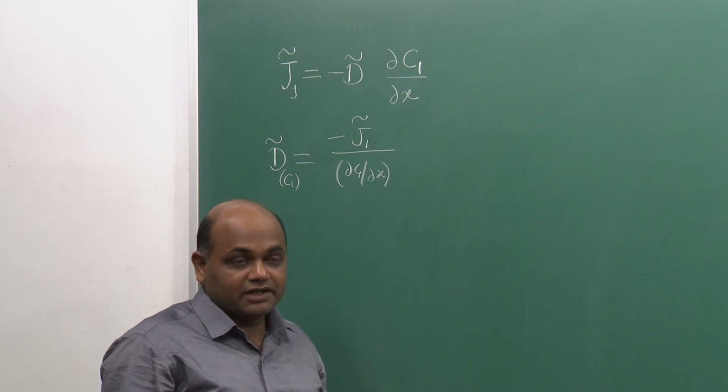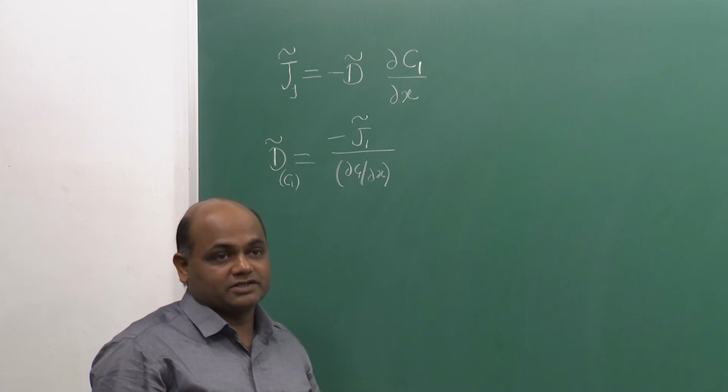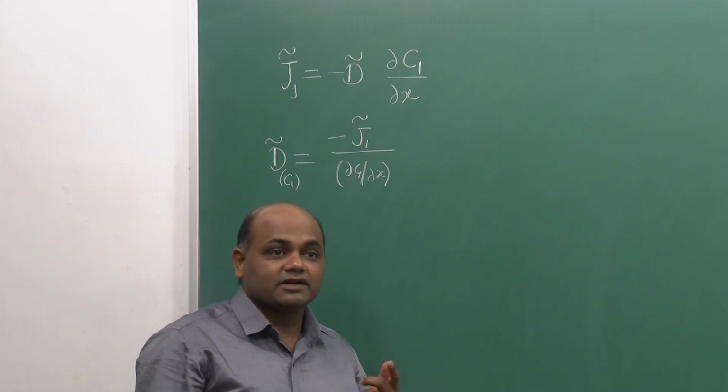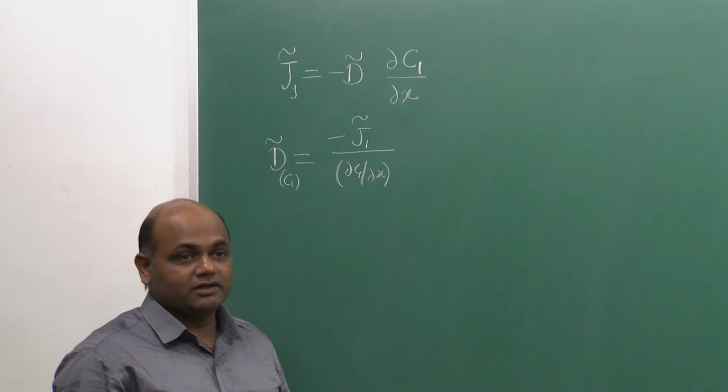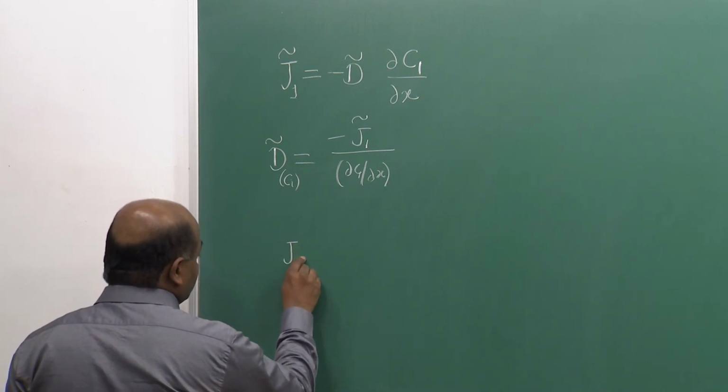As we increase the number of components, the complicacies increase. So, if we consider a ternary diffusion couple to start with, in ternary we know there are two independent fluxes.